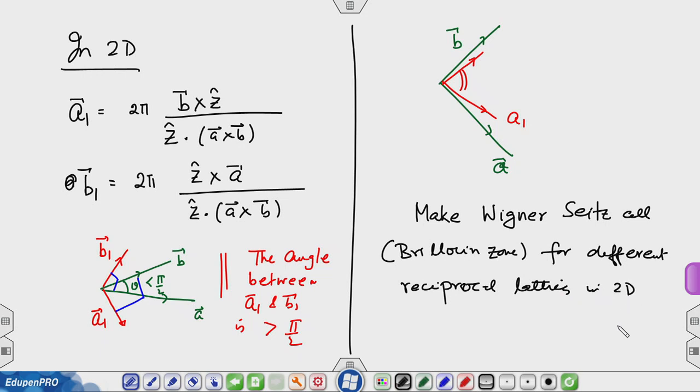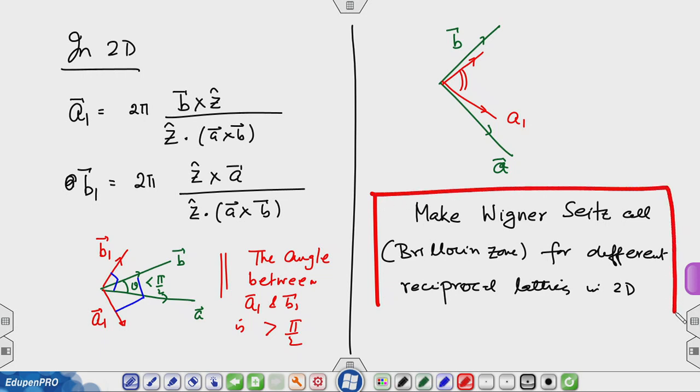There are 5 of them, so just practice it. And I am again emphasizing this Wigner-Seitz and Brillouin zone together, because in real space it is called Wigner-Seitz, and in the reciprocal space it is known as Brillouin zone.